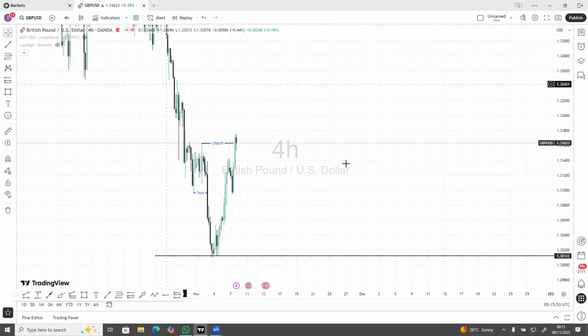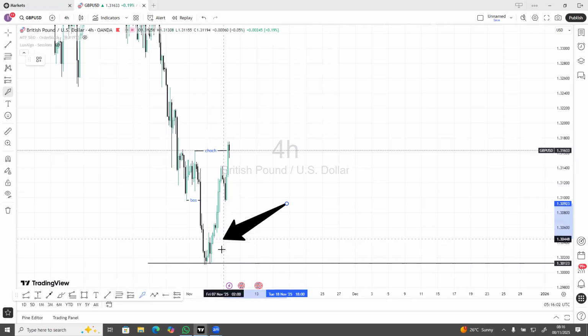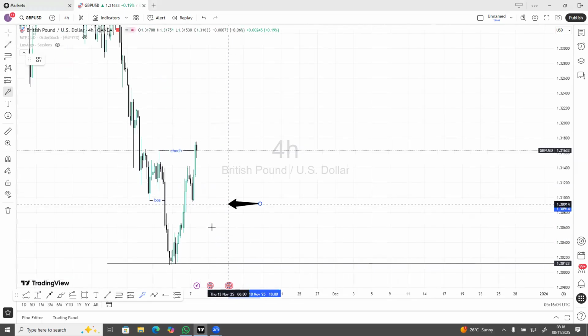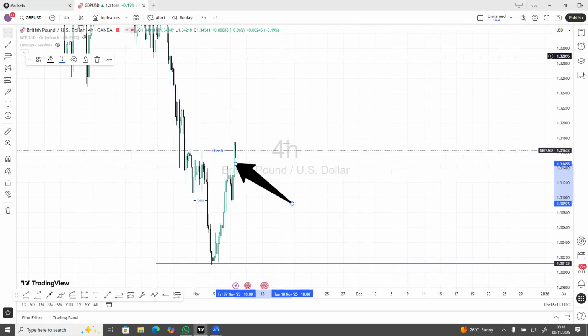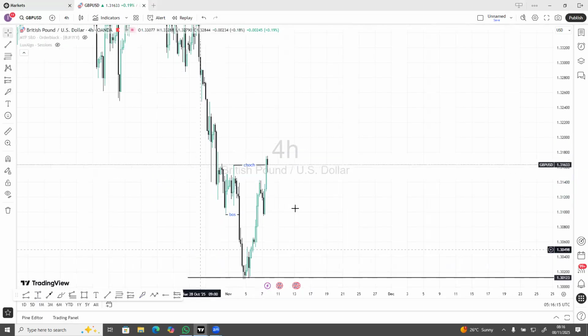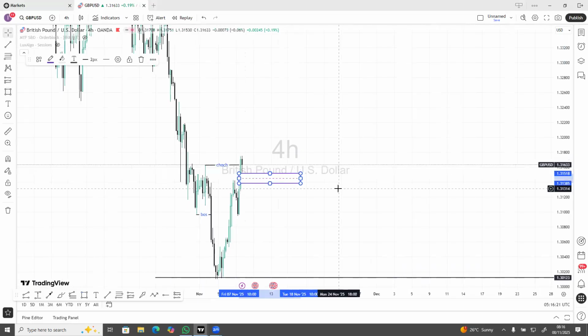After knowing that, we will now look for any point of interest available in the discount zone. In the discount zone, there is no unmitigated point of interest created over here. So what next? There is a beautiful FVG left here below. That FVG will be a point of consideration.